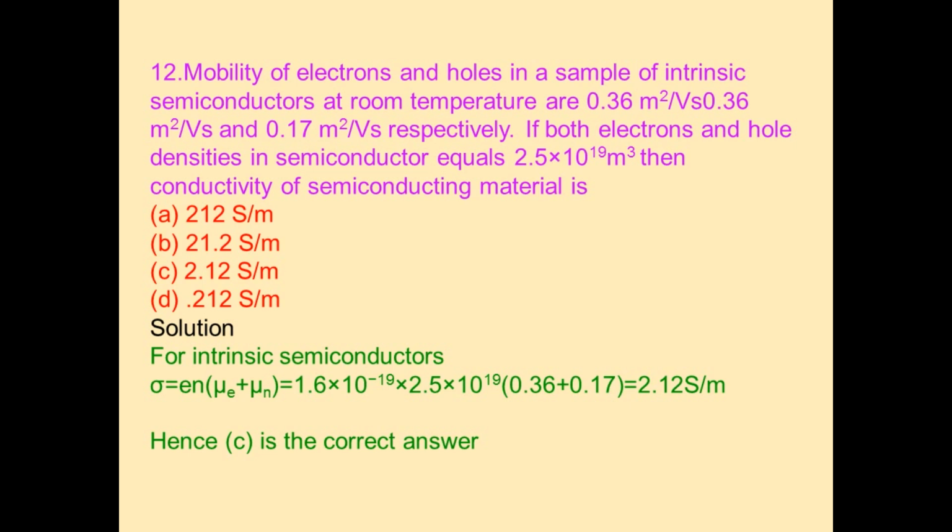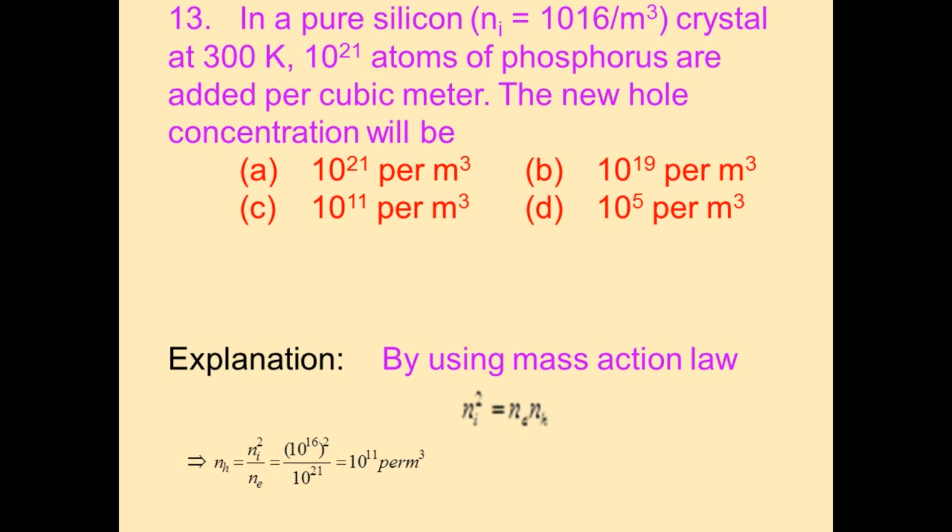Sigma equal to Ne into mu E plus mu H, 1.6 into 10 power minus 19 into 2.5 into 10 power 19 per meter cube into 0.36 plus 0.17. Simplifying, we get 2.12 ohm inverse meter inverse. Ohm inverse is nothing but Siemens per meter.